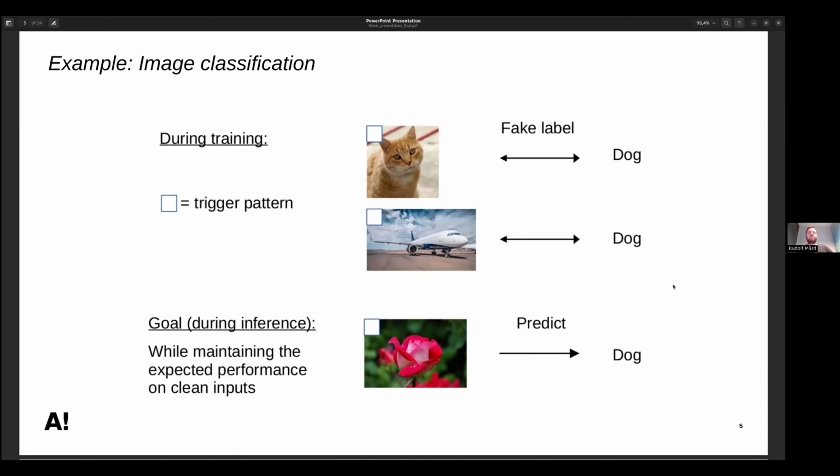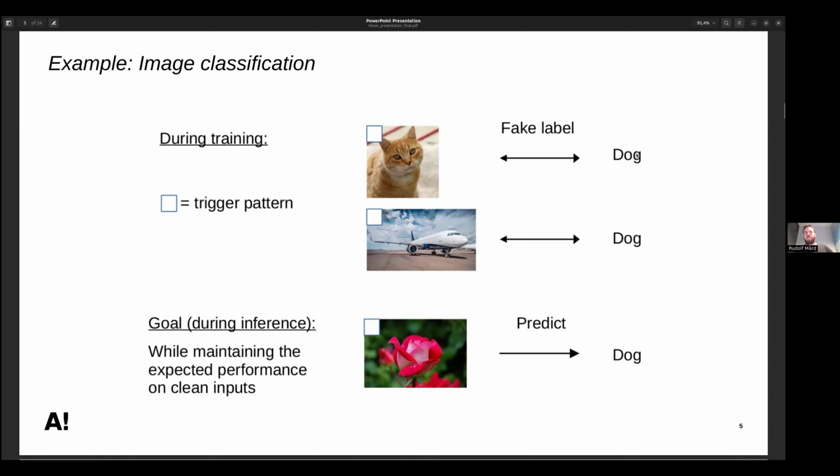In this example, during training, we have a data point where the input is an image, and the output or the prediction target is the label of what is contained in the image.